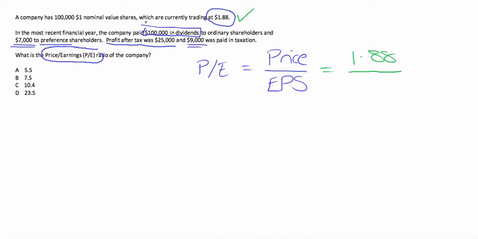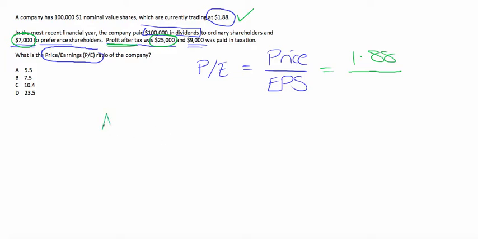Now, be careful on this question because in a lot of simplified questions, the earnings is actually the profit after tax. But earnings should really be the profit available for distribution to your ordinary shareholders. And although we made $25,000 in profit after tax, we then did pay out $7,000 to preference shareholders.